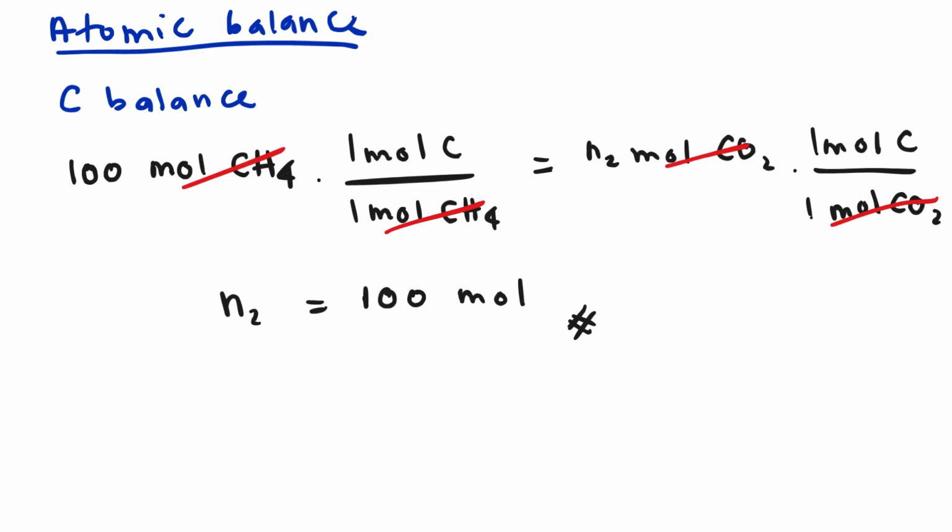The incoming C is coming from the methane, 100 mole of methane. The outlet of C is from the N2 stream, N2 mole CO2. In 1 mole of CO2, there is 1 mole of carbon. Then we solve this one, we get N2 equal to 100 mole.